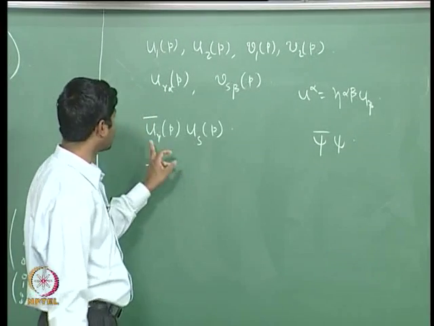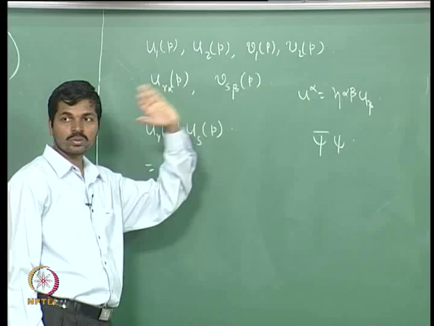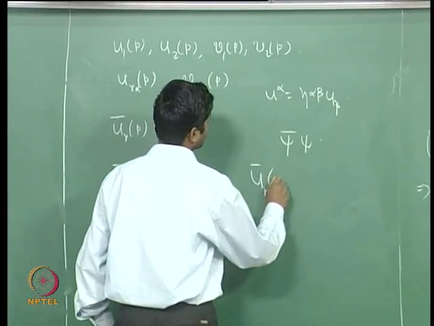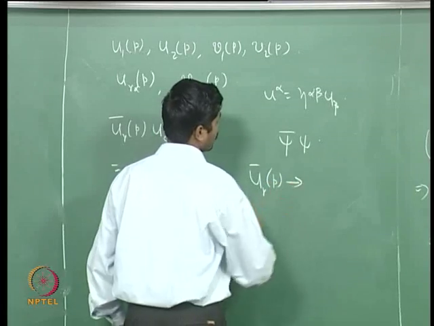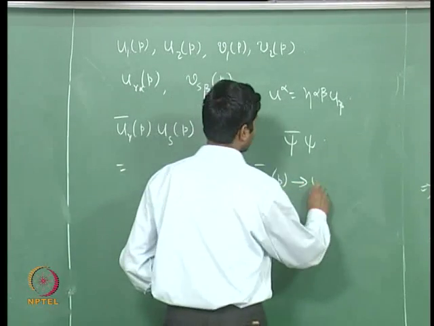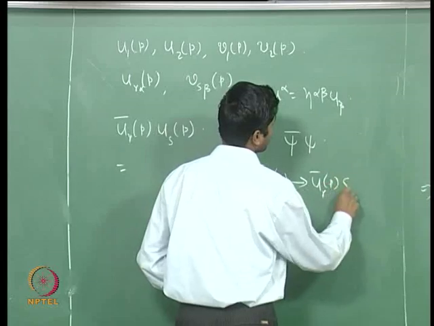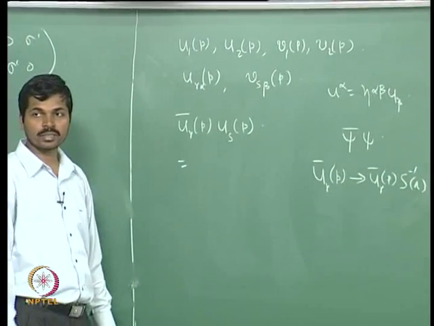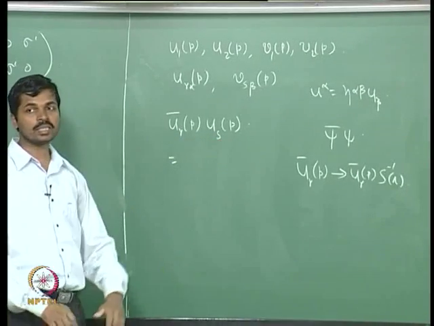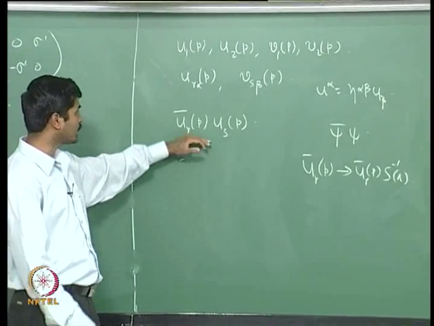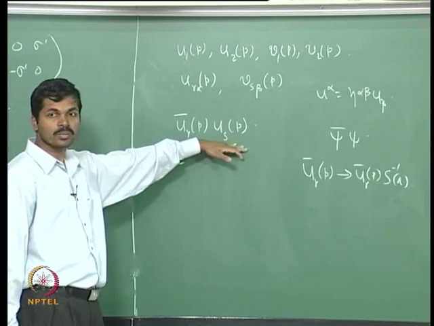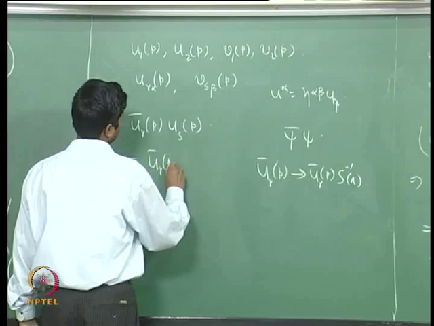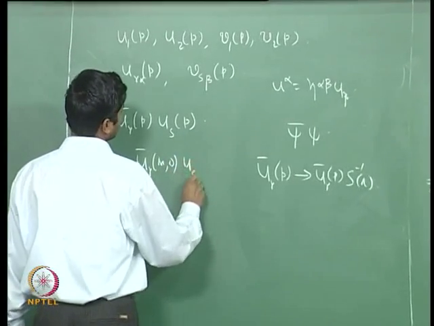So u bar r of p goes to u bar r of p S inverse lambda under Lorentz transformation. So this quantity is Lorentz invariant, and you can compute it in any frame; especially we can go to the rest frame and evaluate it. So this is the same as u bar r of m,0 u s of m,0.